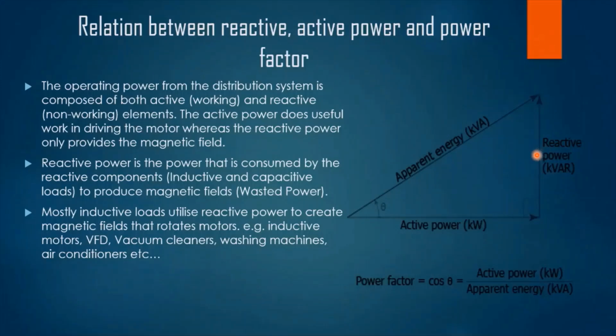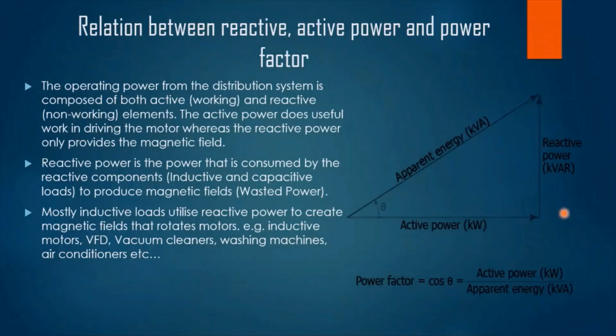Now let's understand why we call reactive power a non-productive or wasted power. Well, the operating power of the distribution system is composed of both active power and reactive power. Active could be called the working power and reactive is the non-working power. The active power does the useful work in driving the motor, whereas the reactive power just provides the magnetic field.